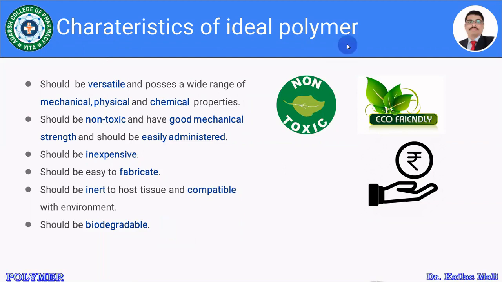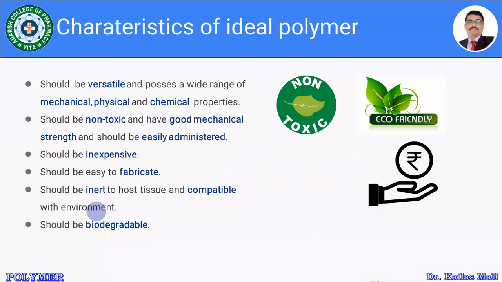Characteristics of the ideal polymer: the polymer should be versatile and possess a wide range of mechanical, physical and chemical properties. It should be non-toxic and have good mechanical strength and should be easily administered. It should be inexpensive. It should be easy to fabricate, easy to synthesize. It should be inert to host tissue and compatible with the environment. That is the biocompatibility of the polymer. It is a very, very important thing.